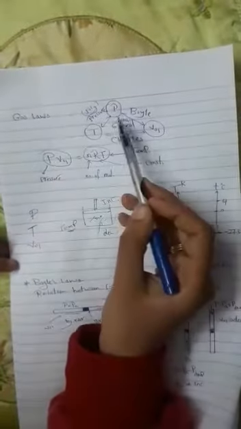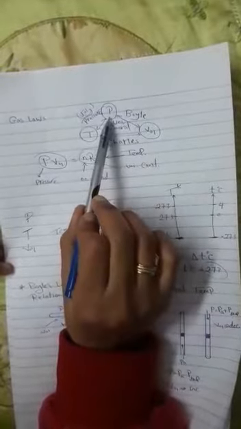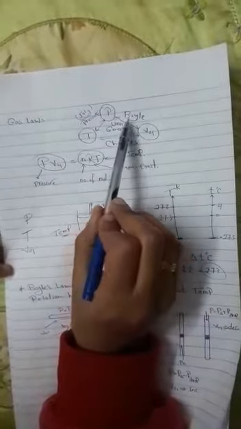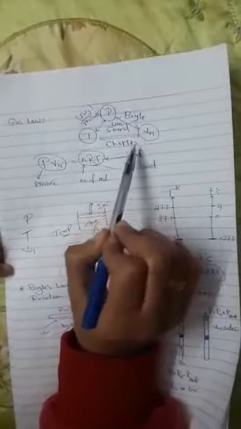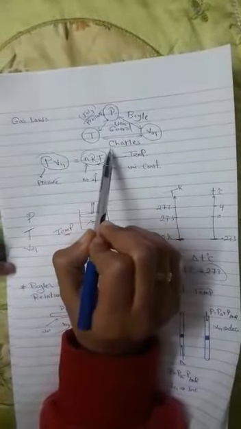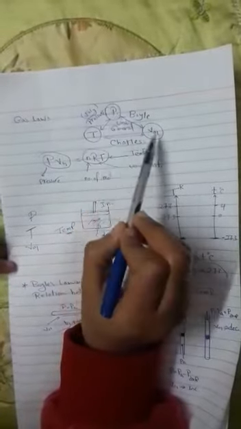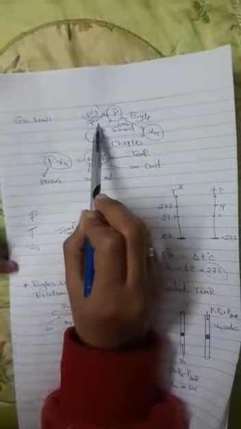Gas laws: the relation between pressure, volume, and temperature. The relation between pressure and volume is called Boyle's law. The relation between volume and temperature at constant pressure is called Charles' law. The relation between temperature and pressure at constant volume is the pressure law, or Joule.